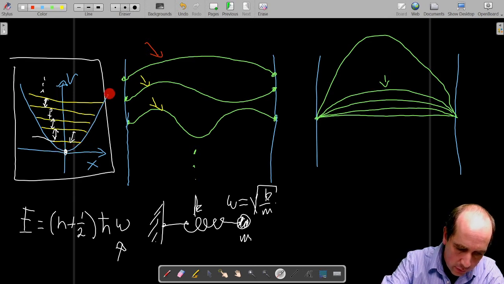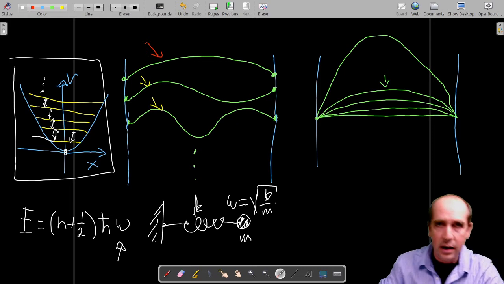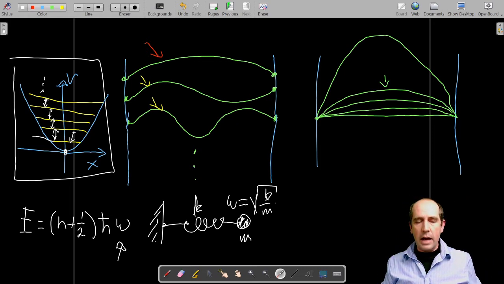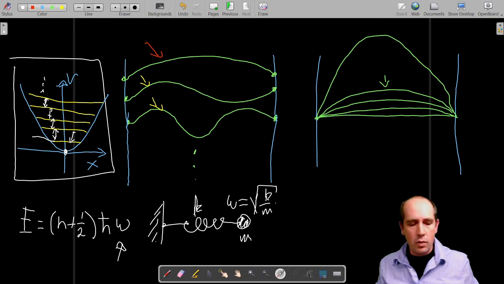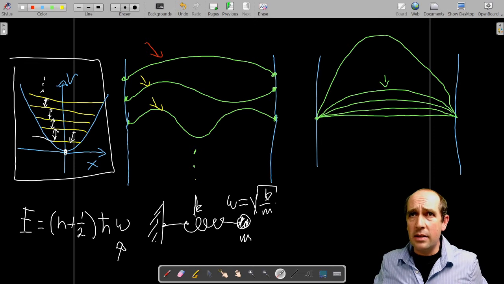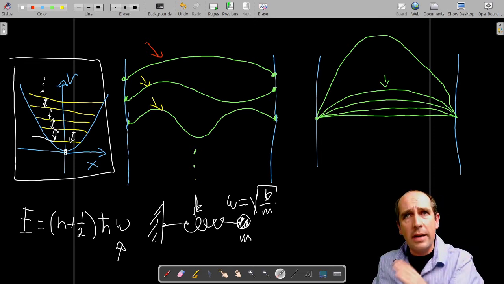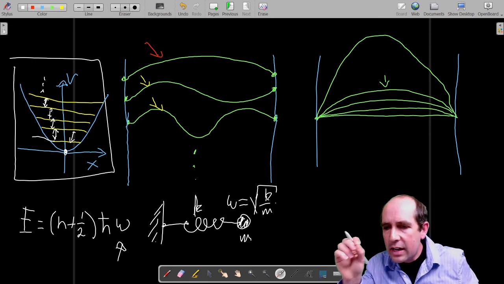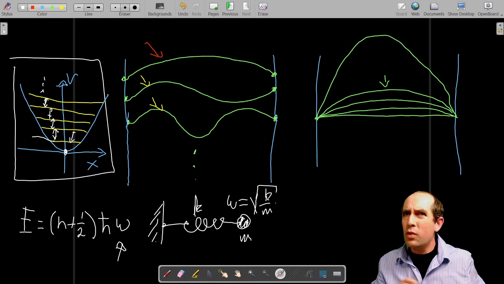If I move it over here, it will acquire this amount of energy, and that position could fall in between two of these quantum energies, or the quantum levels. And this essentially means that in the quantum mechanical version, I cannot just give it any amount of energy that I want, which classically I do.